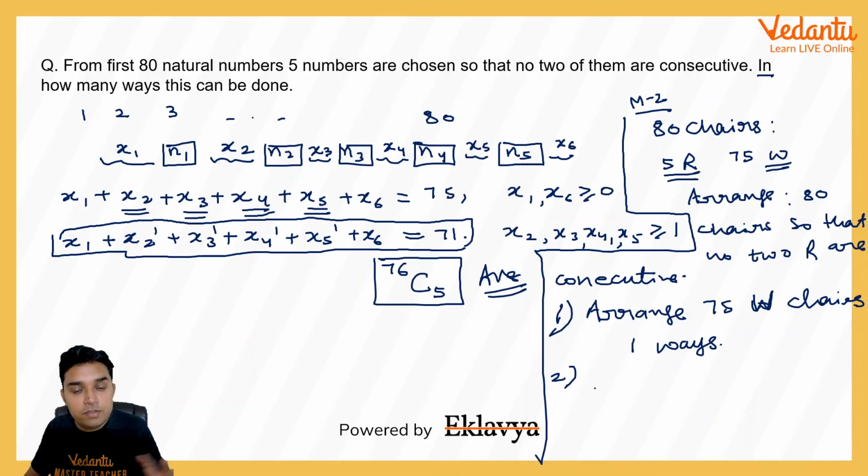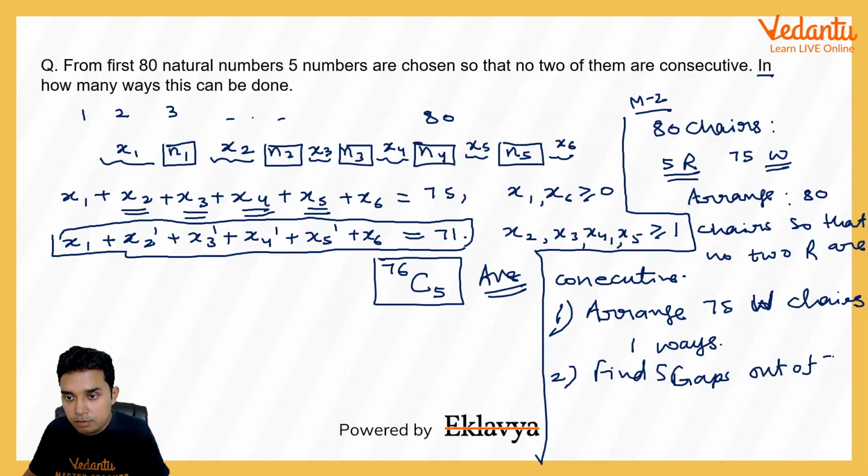So out of these 76 gaps we have to find 5 gaps, and that will be done in 76C5.